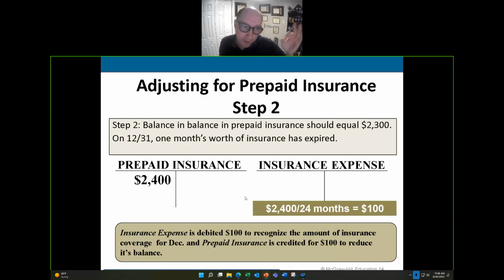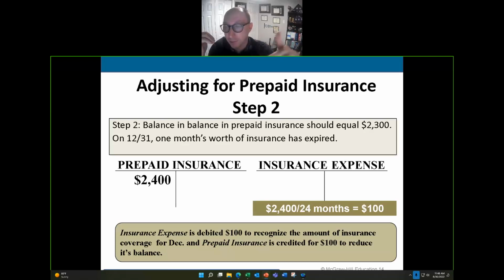Because remember, I paid on December 1. On December 31, I need to record the use of that insurance. So what I do is I am going to debit my insurance expense by $100. And I will credit my prepaid insurance $100. Now what that does is it increases the expense.